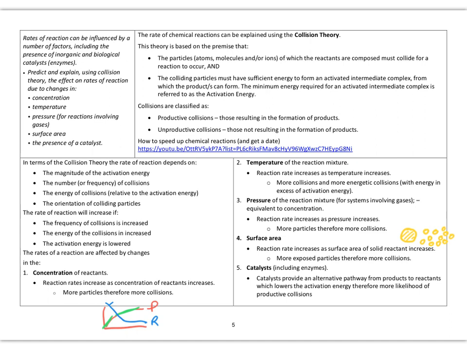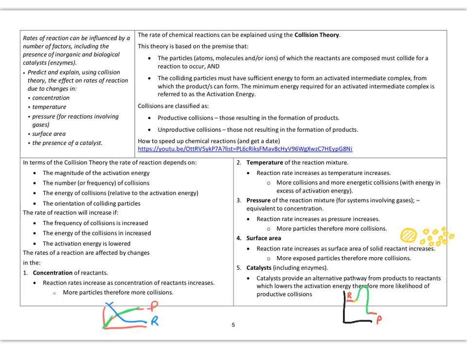And finally, a catalyst. Catalysts provide an alternative pathway from reactants to products which lowers the activation energy, therefore there is more likelihood of productive collisions. Hopefully you can remember that diagram from the last video, but if not, here's a quick sketch. We had a diagram with the reactants here and the products here, and this energy profile might be without the catalyst.